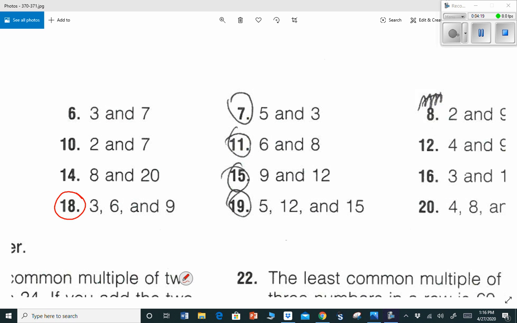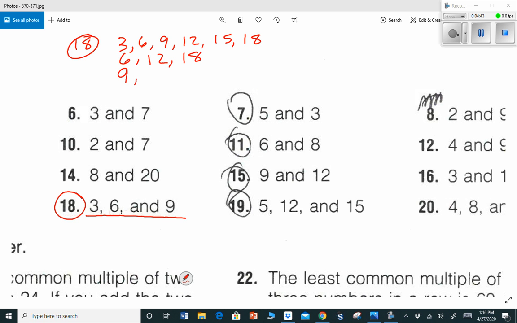All right, let's try number 18. Of course, you're noticing that there are 3 numbers there. So we're going to put 3, 6, and 9. I like to start with the smallest one and get a few there. 3, 6, 9, 12, 15, 18, and then we got 6, 12, 18, and 9, 18.